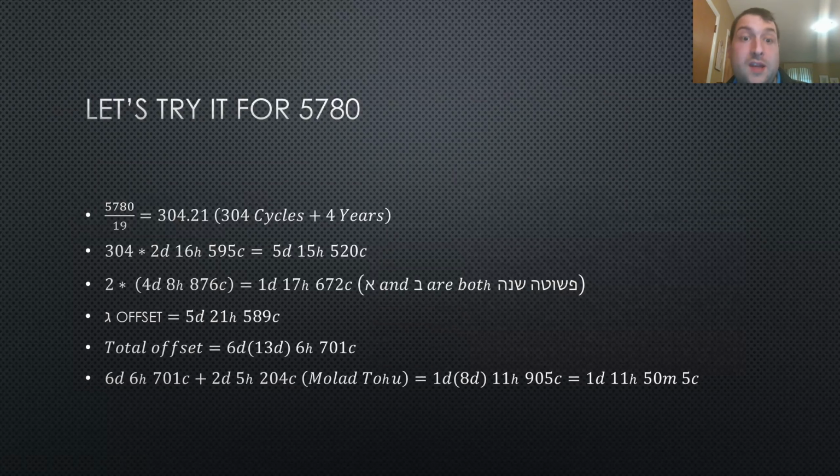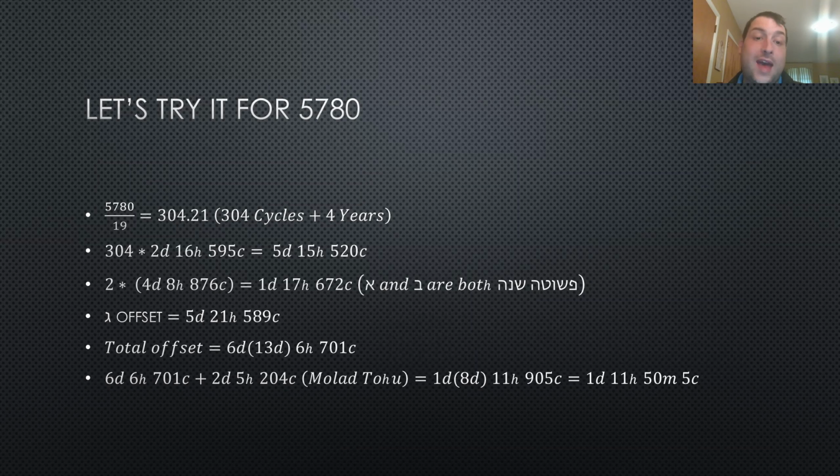That makes 1 day, 17 hours, and 672 chalakim. We also know last year was a shana me'uberes, so it was 5 days, 21 hours, and 589 chalakim. So if you add everything together, the 5 days, 15 hours, 520 chalakim, to 1 day, 17 hours, 672 chalakim, and 5 days, 21 hours, and 589 chalakim, you get a total offset of 13 days, which really becomes 6 days, 6 hours, and 701 chalakim.